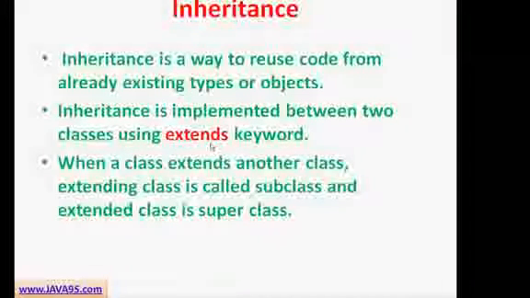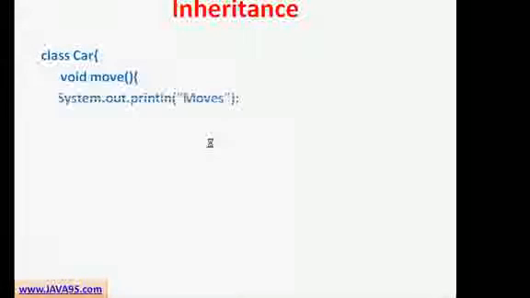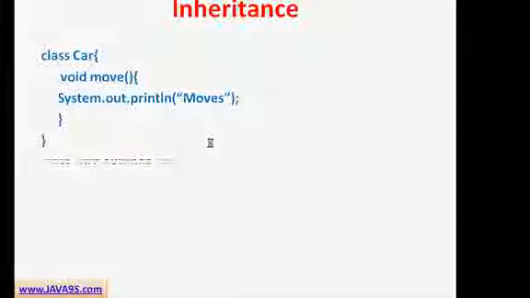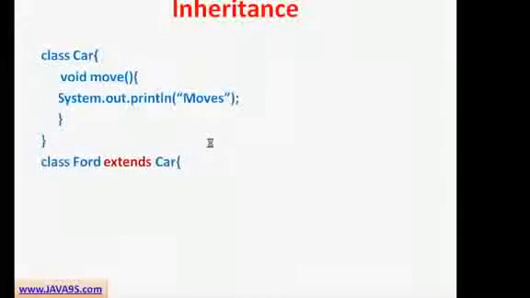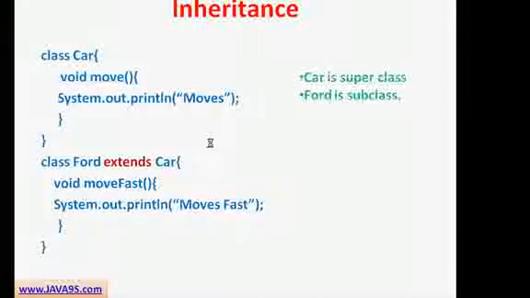Let us see an example here. I have a Car class and a move method inside it, and I'm going to declare a Ford class which extends Car. So I have another method known as moveFast. Here Car is going to be the superclass and Ford is going to be the subclass.